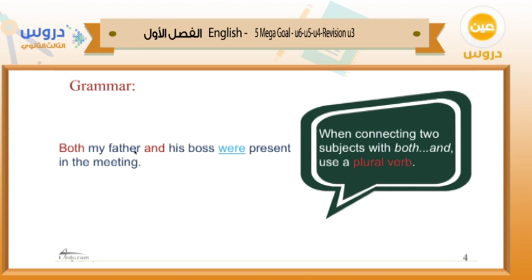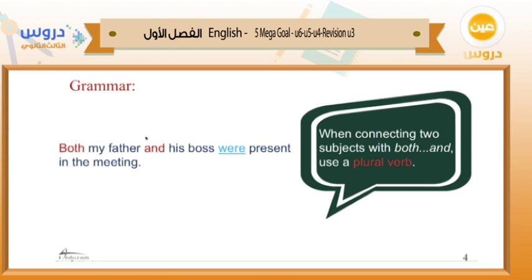Here, if you notice, we link two nouns, my father and his boss. But the most important thing here is the verb. When connecting two subjects with both and, use a plural verb.